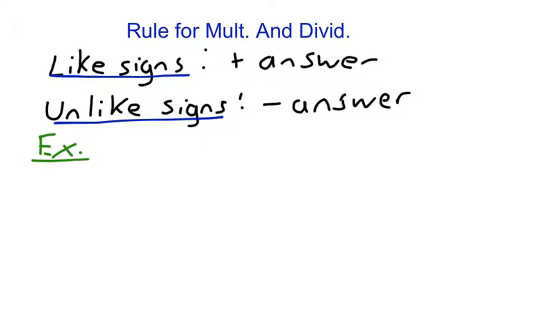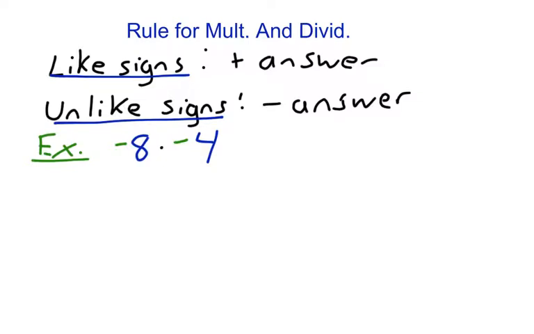All right, so for instance, we have negative 8 times negative 4, let's say. Well, before we go any further and we start calling out answers, let's look and see if those have like signs or unlike signs.